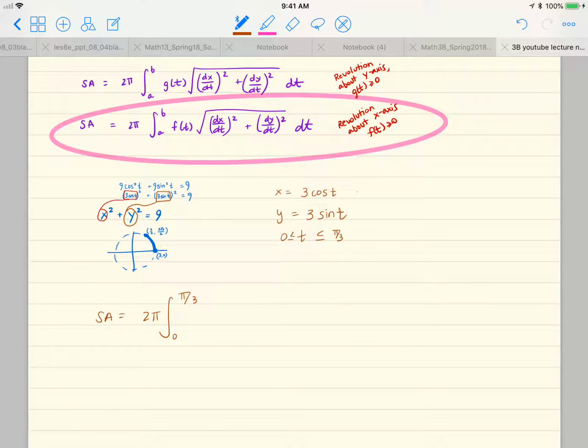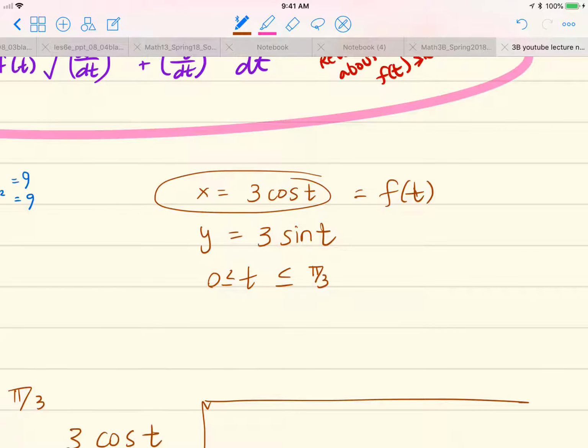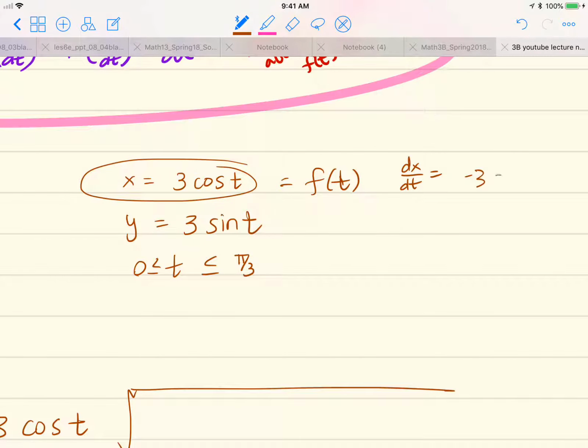Our f of t is the x-coordinate, so we'll have 3 cosine t times the square root. Now what is dx/dt? If our x is 3 cosine t, then dx/dt is going to be negative 3 sine t. And if our y is equal to 3 sine t, then dy/dt is equal to 3 cosine t.